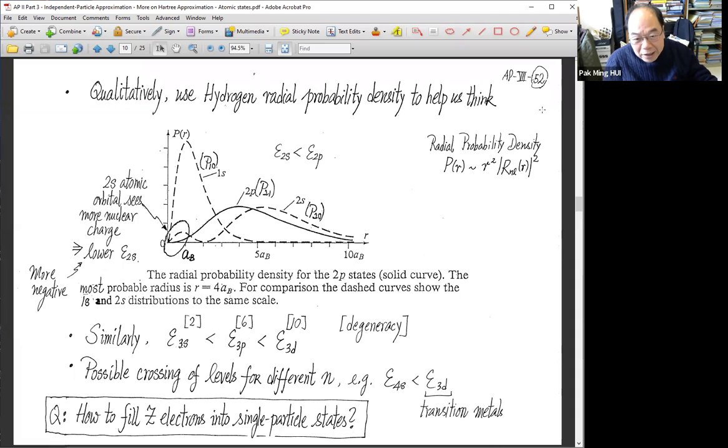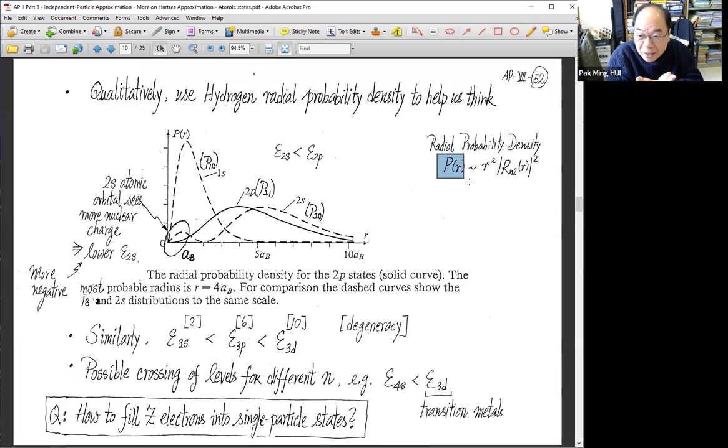What I plot here is something called the radial probability density. If you forgot what it is, it is something like this. We have the radial part of the wave function. So 2s is R_2,0. 2p is R_2,1. Times r squared, that will give us the radial probability density. Physically, it means the following. Start from the nucleus.